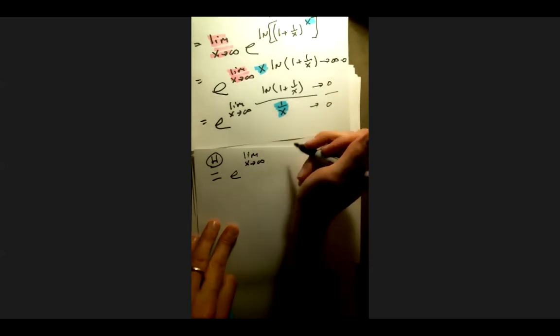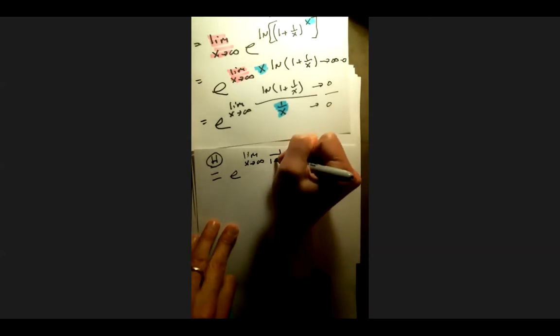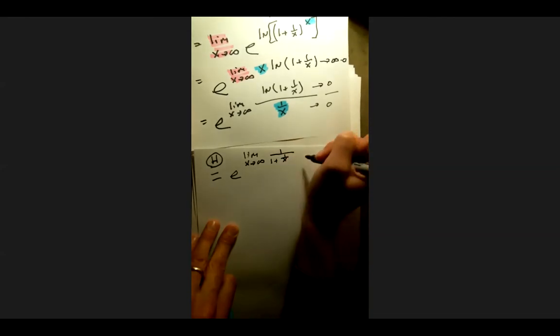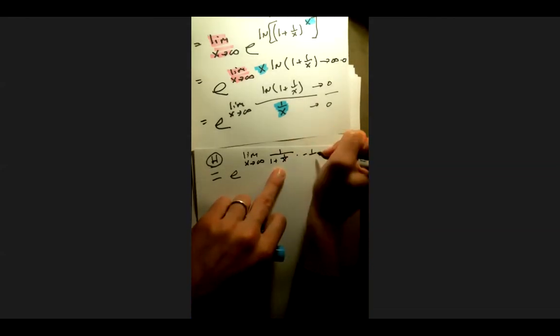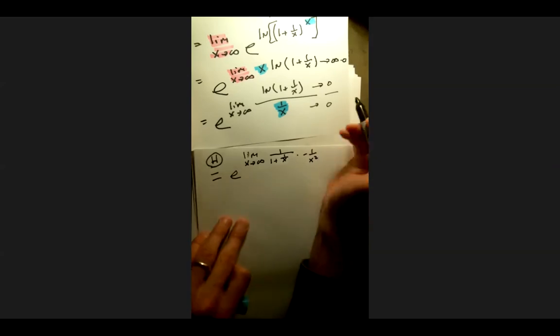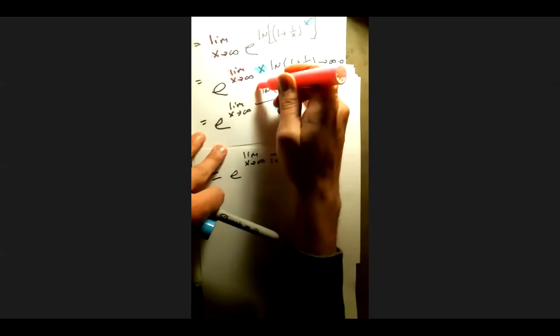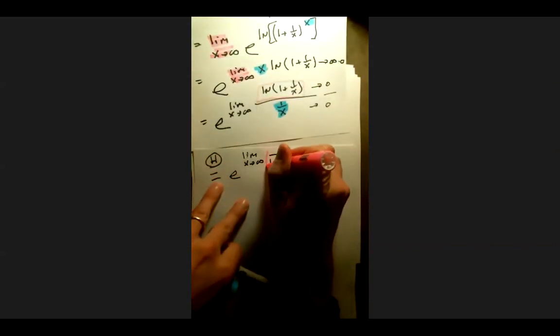I should have given myself more space. 1 over 1 plus 1 over x times the derivative of the inside, which would be negative 1 over x squared. So all this is the derivative of that numerator part.